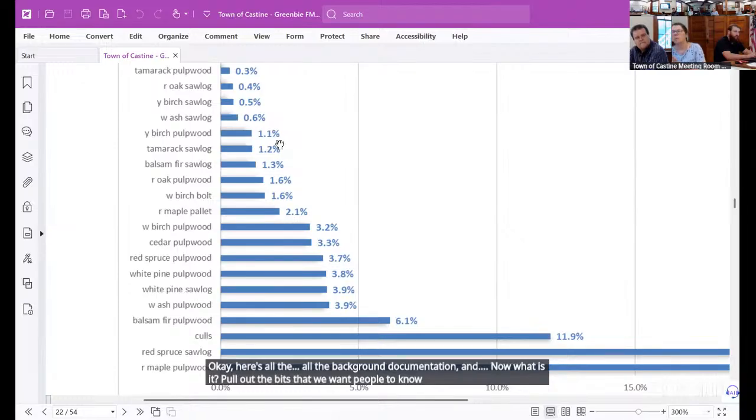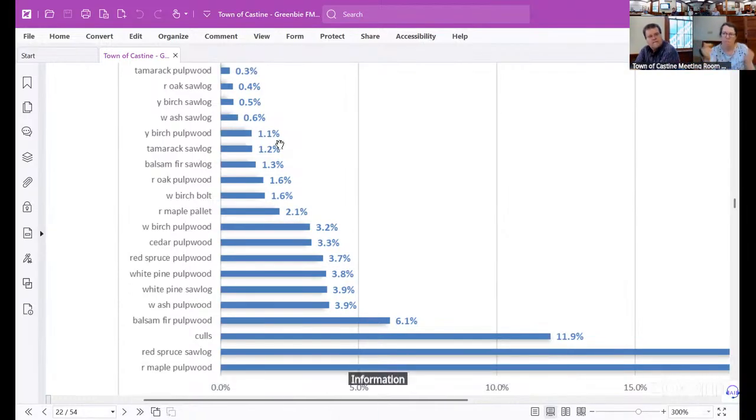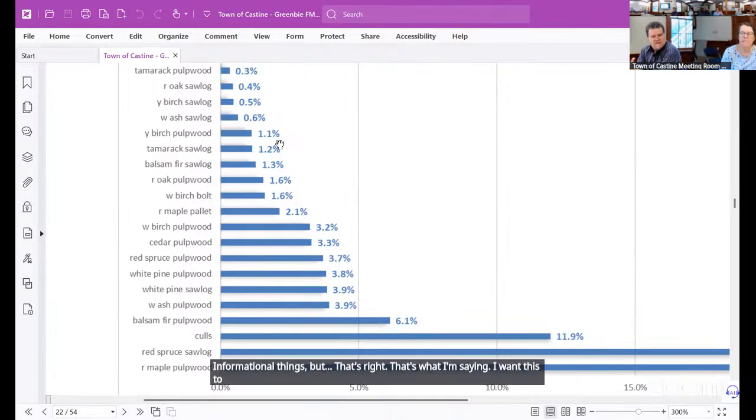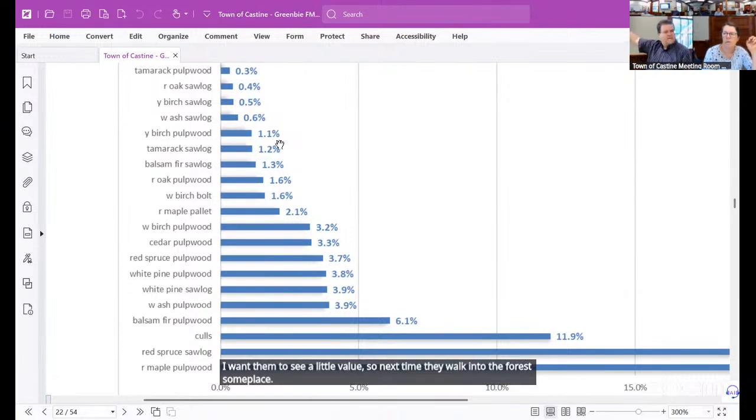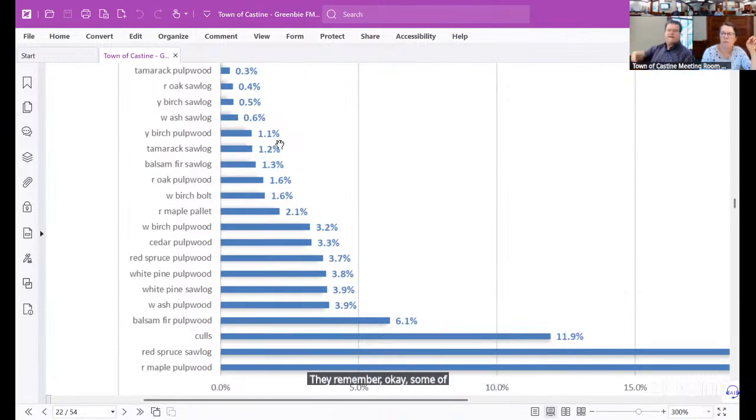That's what I'm saying, translate it better. I want this to come alive for the layman a little bit, so it makes sense. We have a public forum where we're presenting this. I want them to see a little value, so next time they walk into a forest someplace, they remember some of this stuff. That's where you get some traction. Bill was going to say something, please come in.